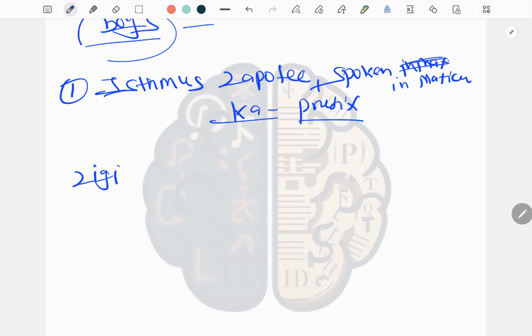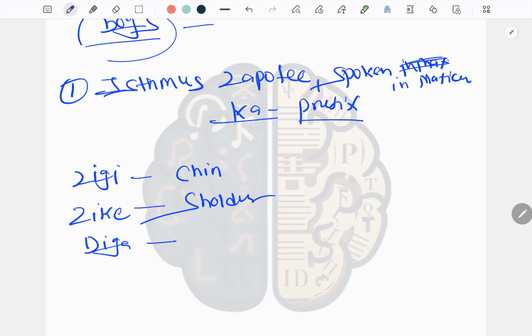jigi, which means chin, or jaik, which means shoulder, or diga, which means ear. So to make the pluralization of these words, they add ka in that language as a prefix.